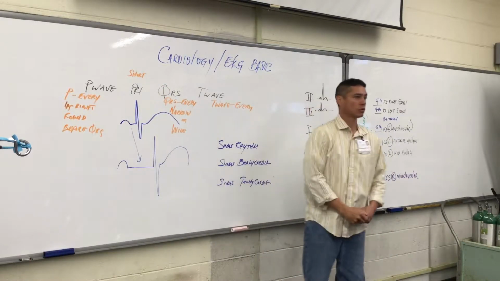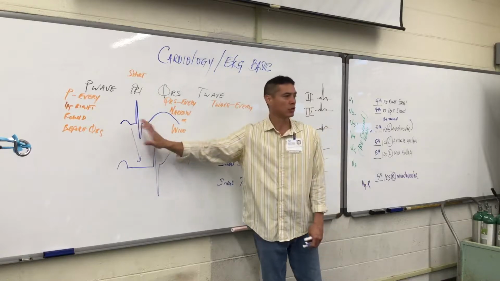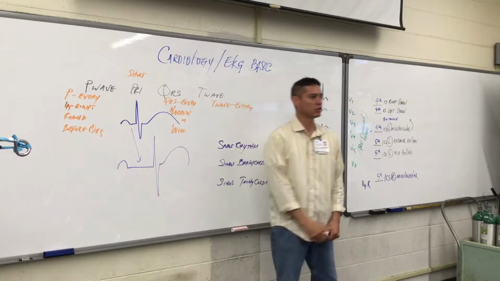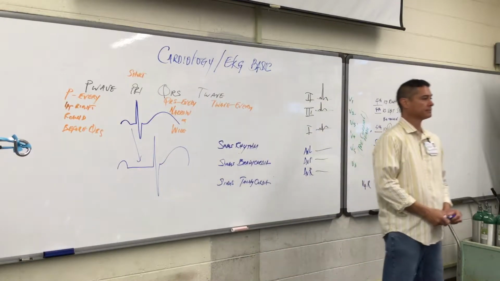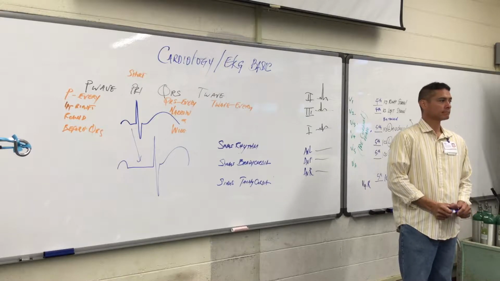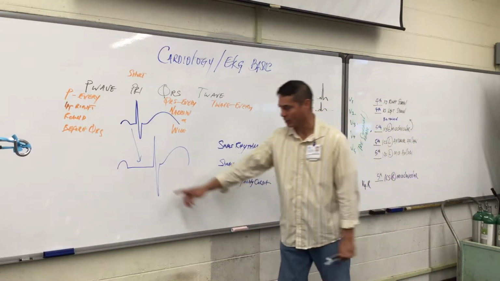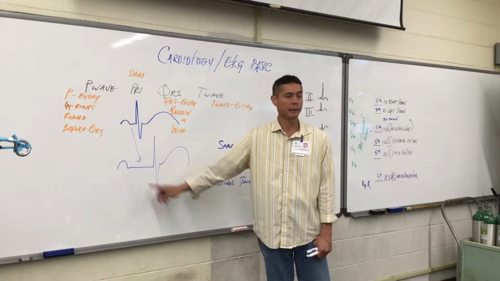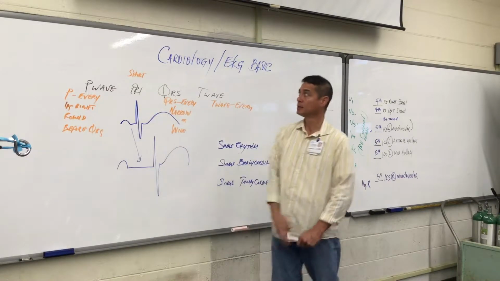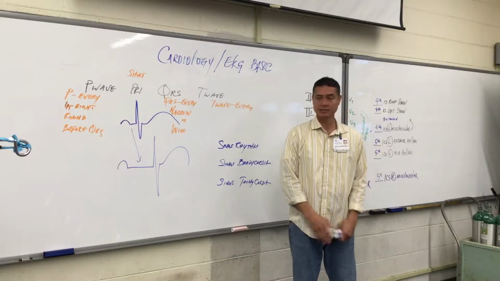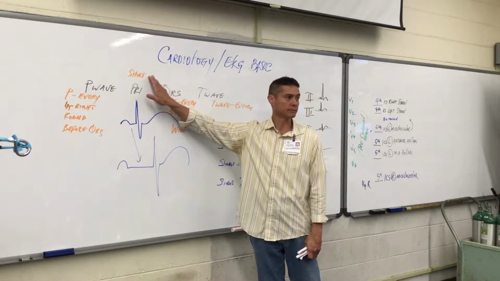And you're going to say, how short? Well, sometimes it should be barely noticeable. If it's extremely noticeable, it's probably not short. So usually it's barely noticeable, but if you can tell, like, wow, that's a pretty long PRI, then it's probably not going to be what we would say sinus rhythm, because this should be relatively short.